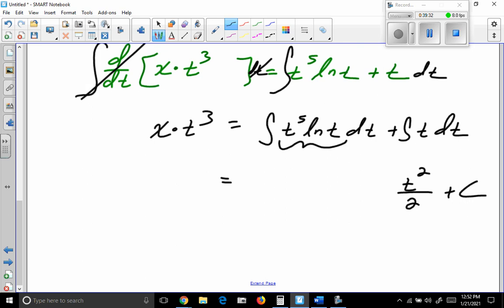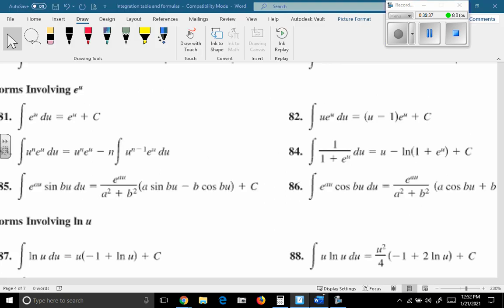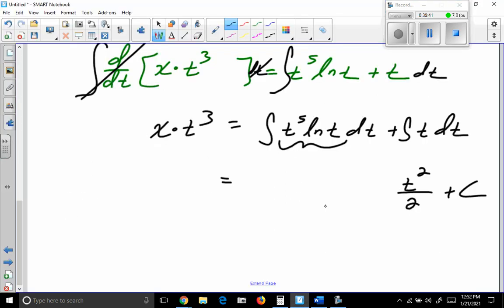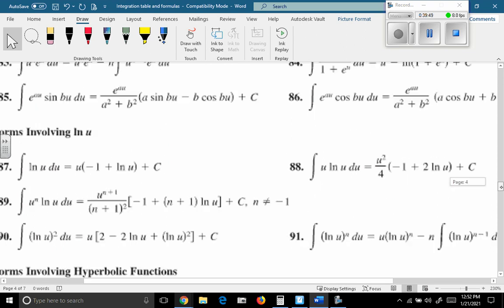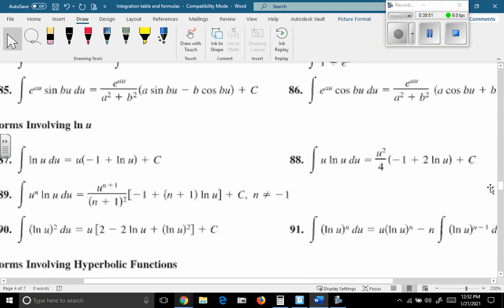This integral is an integration by parts, so let's go to the table for it. Do we have one that involves our variable to a power and natural log of that? Here we have natural log of a variable, and then our variable to some power.